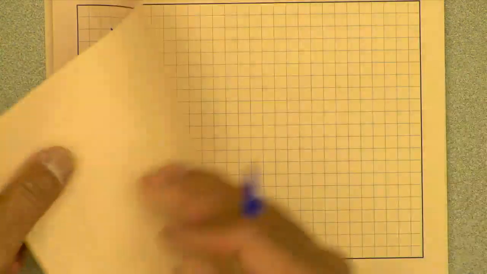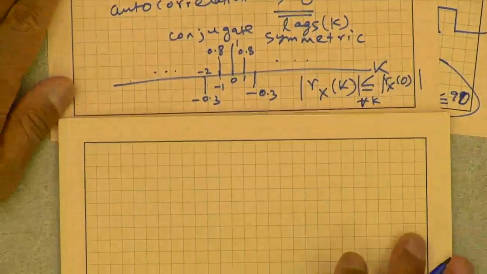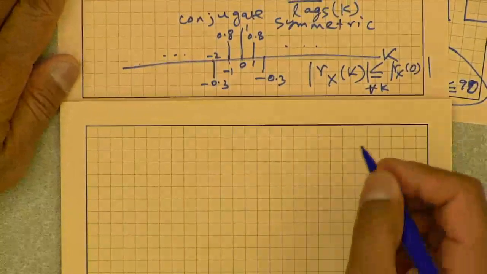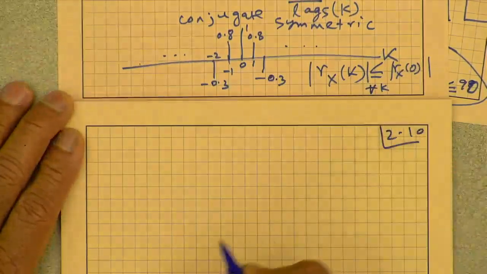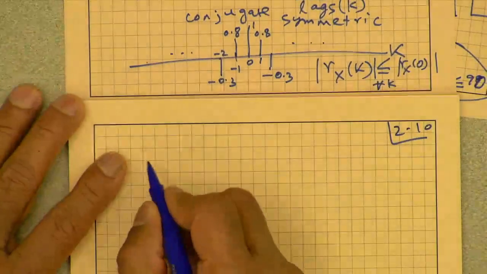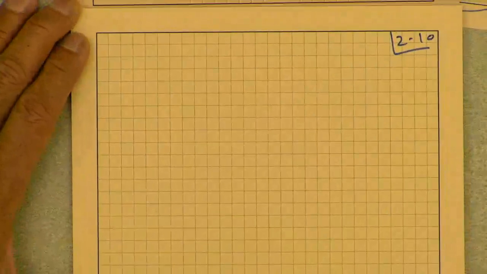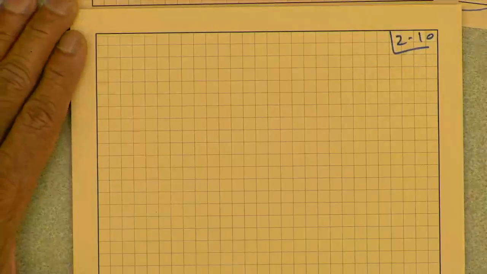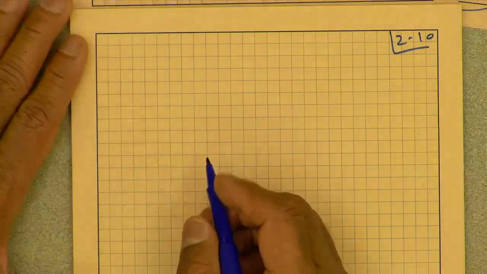All right. So now what exactly is the power spectral density? If it is a deterministic signal, I can compute the discrete time Fourier transform X(e^jω), and I can see what the frequency content is.